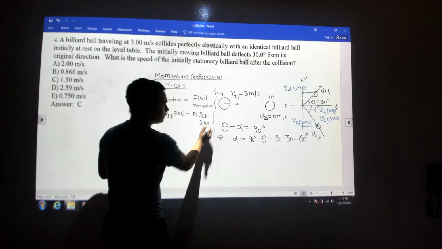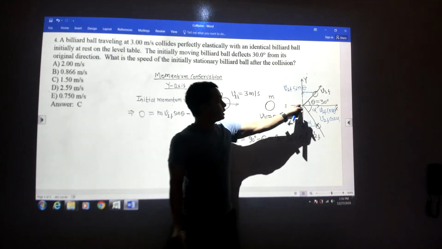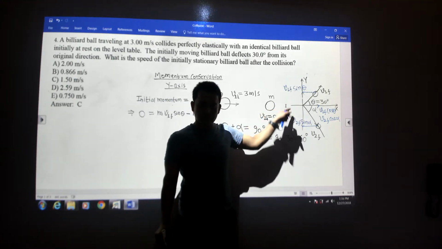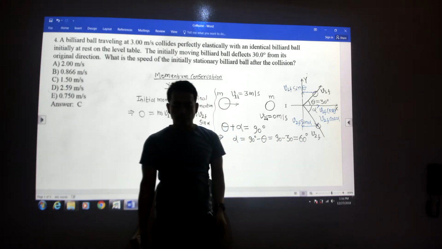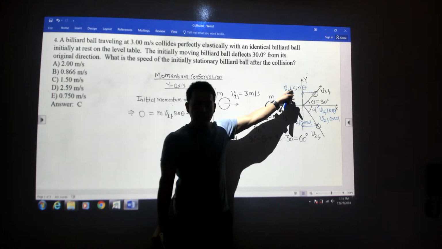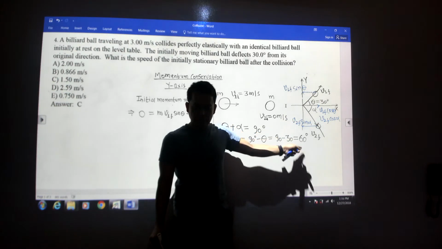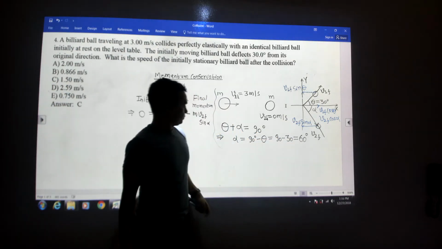Why negative? Because this one is along the positive y-axis and this one is along the negative y-axis.